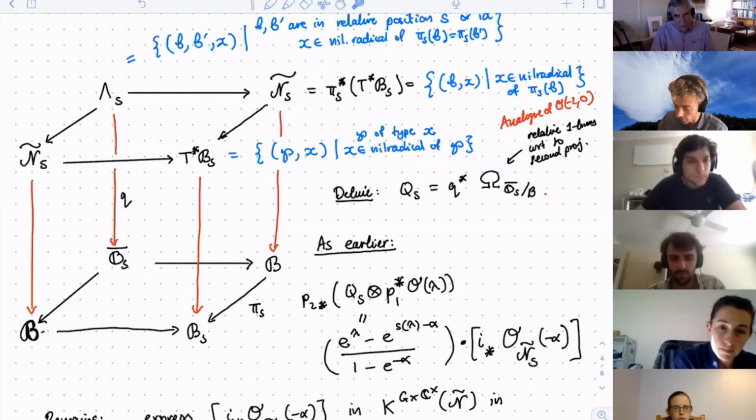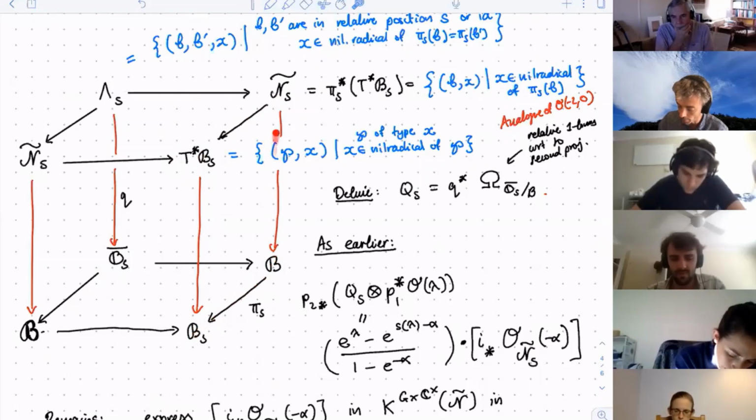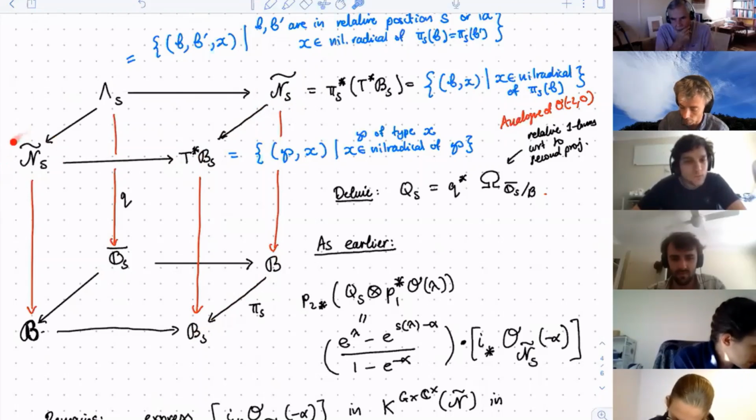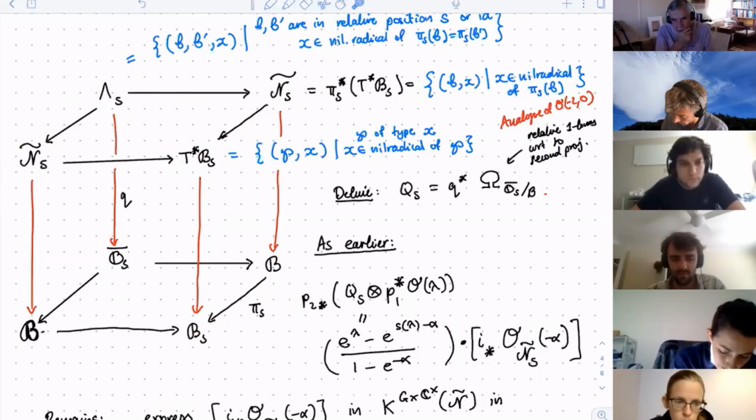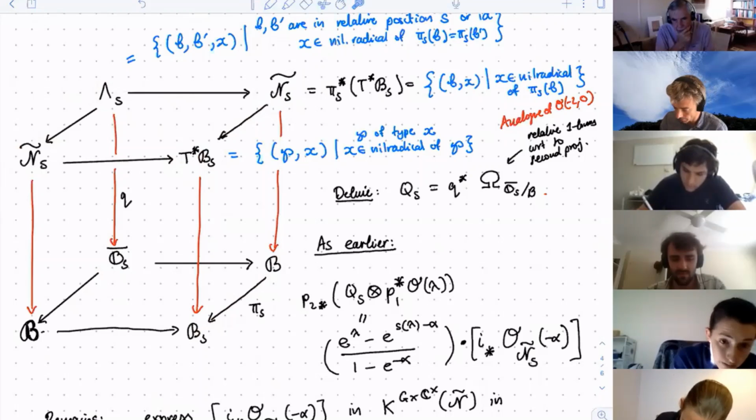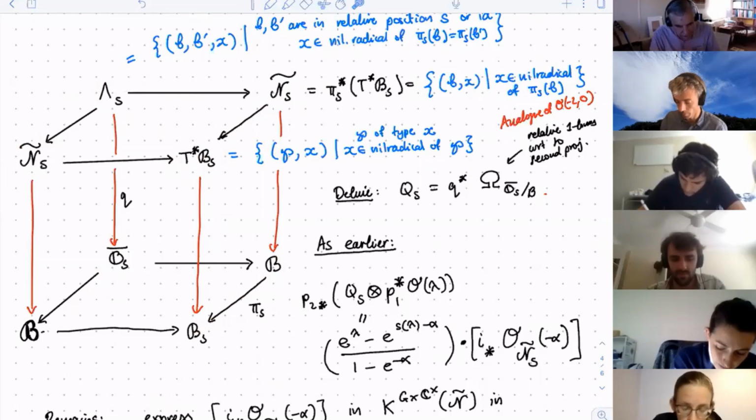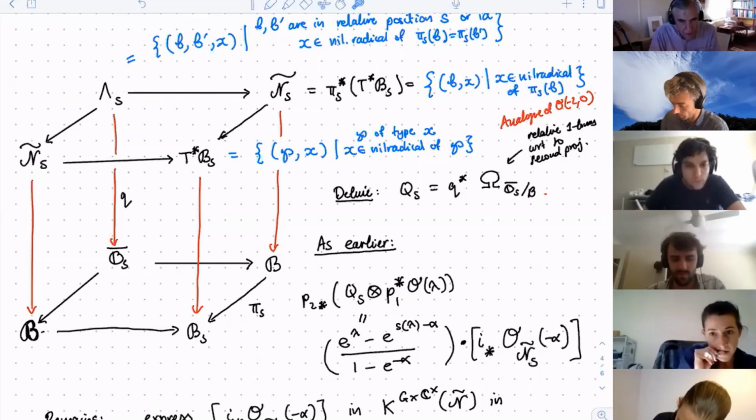This is the pullback of this square. So it's a zero-dimensional vector bundle on a point. I pull back, so this is just B. This is just B, and this is just B times B.